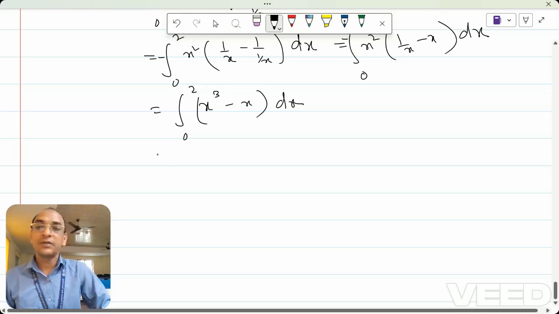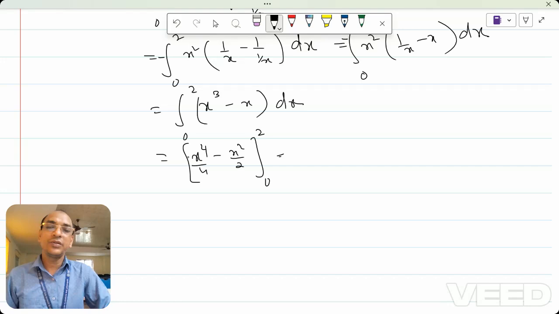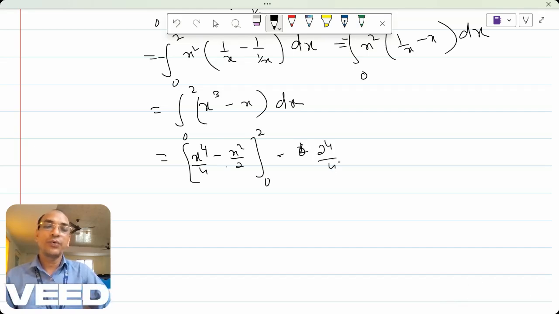And so integration of this one is x to the power 4 minus x square by 2, and the limit is 0 to 2. So lower limit is 0. So if I put x equal to 0, everything will be 0. So only upper limit we will put: 2 to the power 4 by 4 minus 2 to the power 2 by 2.